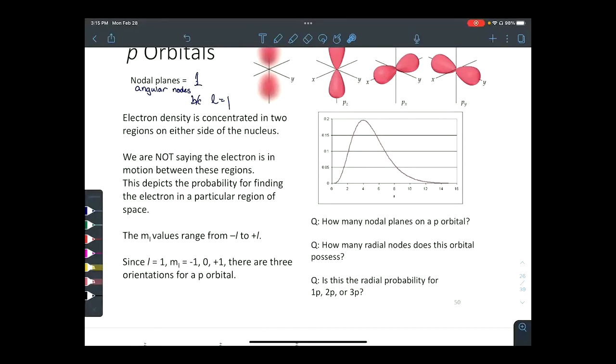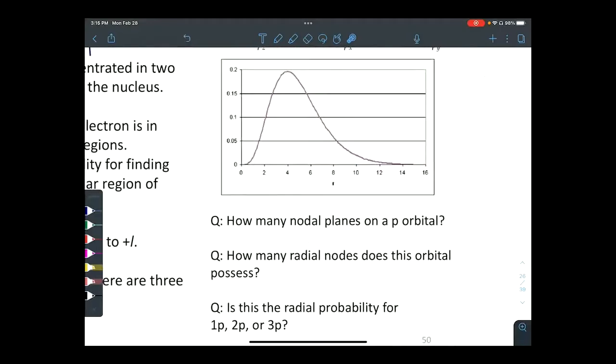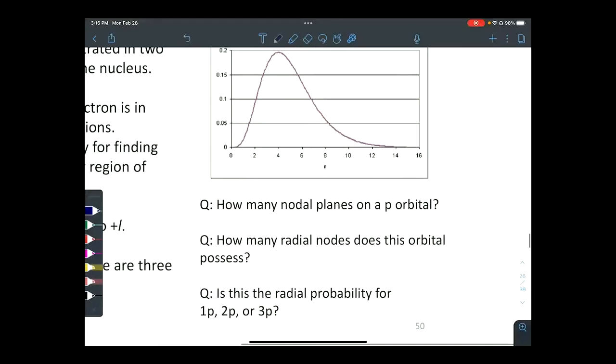So let's look at this radial probability graph, and let's say it's for a p orbital. Let's think about the idea of nodal planes and radial nodes in relation to quantum numbers. How many nodal planes are on a p orbital? 0, 1, 2, 3, infinity. Recall, a nodal plane is the same word for an angular node.